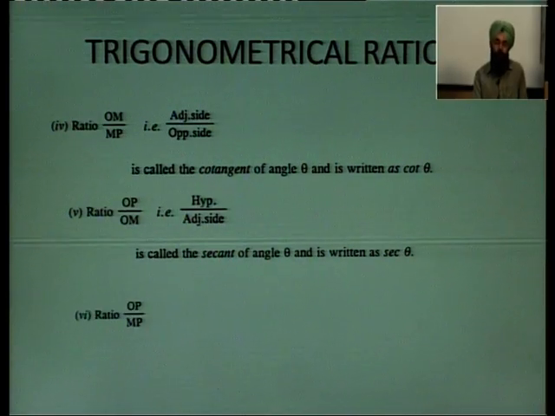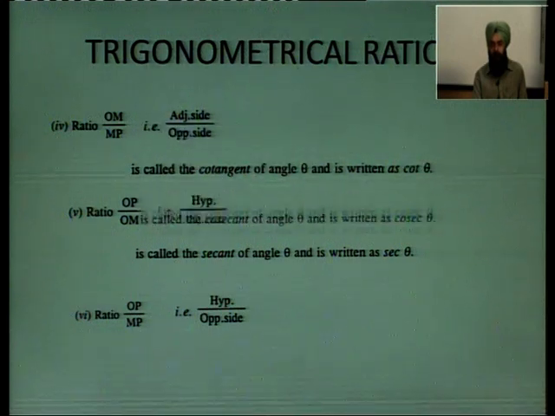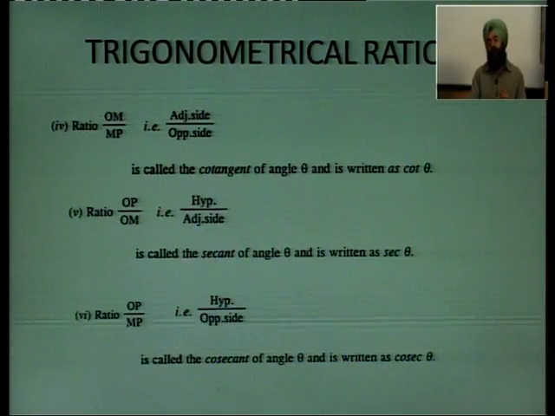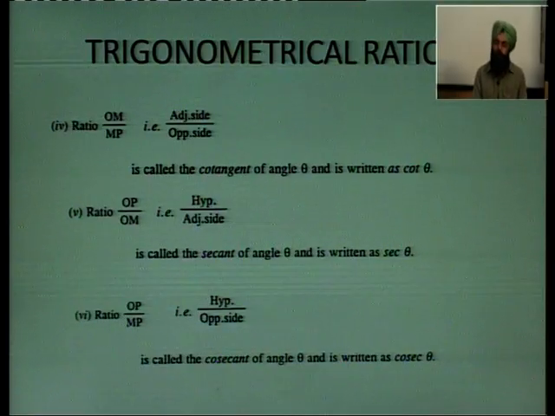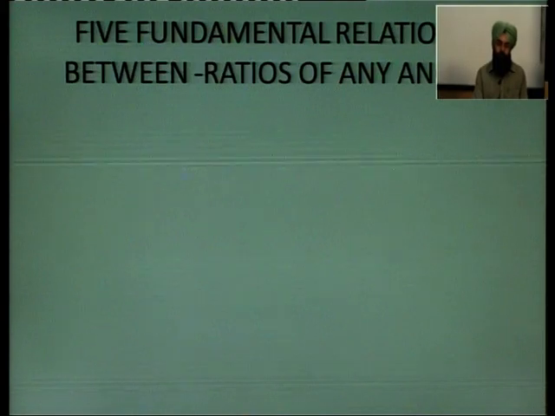Then we have the ratio OP by MP, hypotenuse by opposite side, called the cosecant of angle theta, written as cosecant theta. So, cosecant theta is the reverse of sin theta, secant theta is the reverse of cos theta, and cotangent theta is the reverse of tan theta.